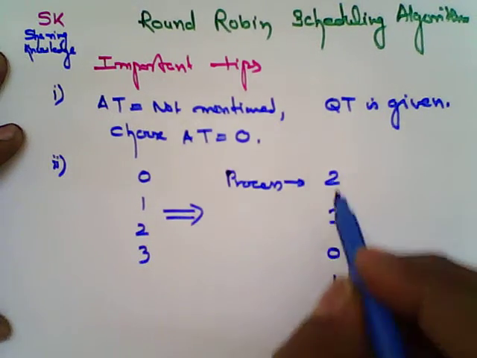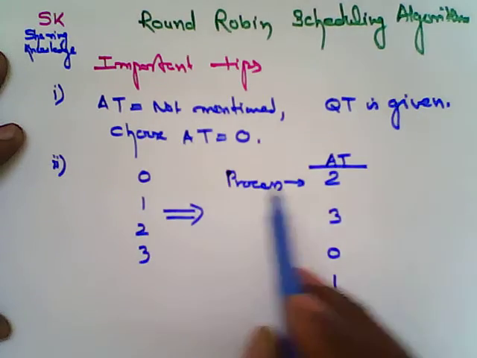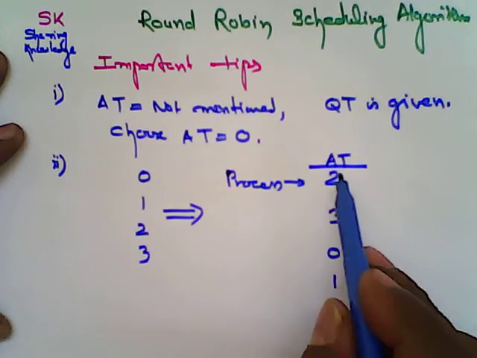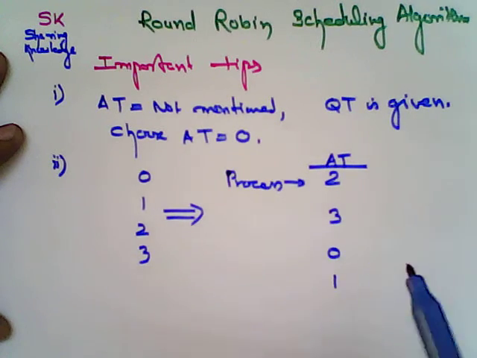These are your arrival times. Even if the arrival times are mentioned in random order, you should select the process that arrives at 0.